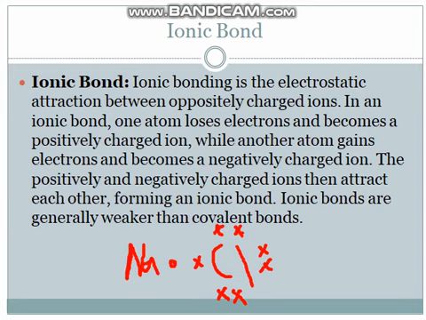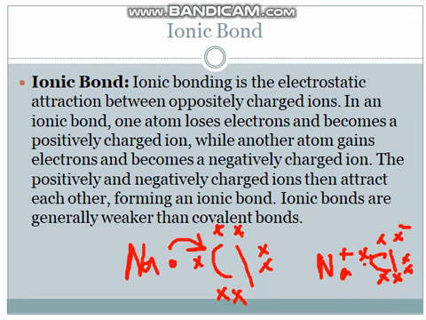So sodium would completely give up its electron to chlorine, and then it will look like this. Sodium will become positive, and the chlorine atom, which will have sodium's electron as well as its own, will become negatively charged because it has 1 extra electron from the sodium. I wouldn't call it extra, maybe just a bonding electron. So it gets a negative charge. That's how ionic bonds are basically formed.